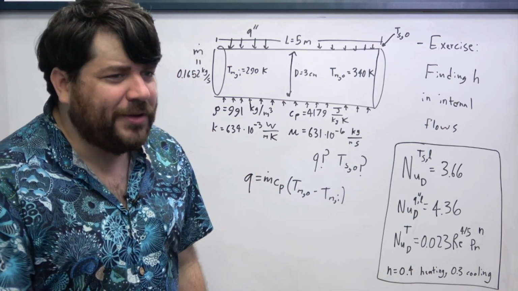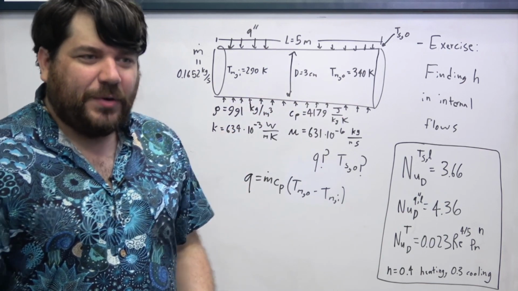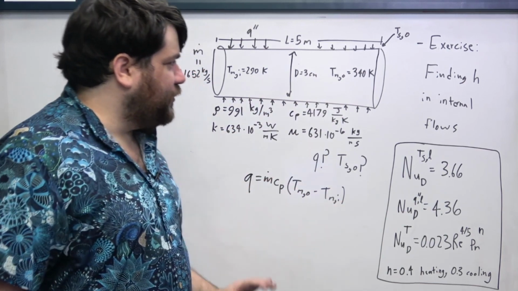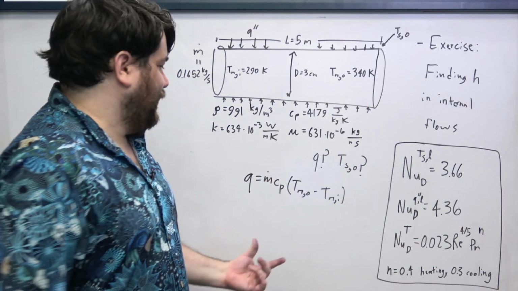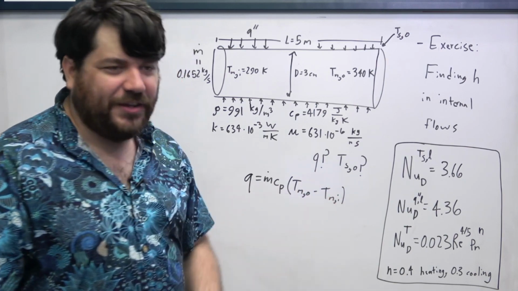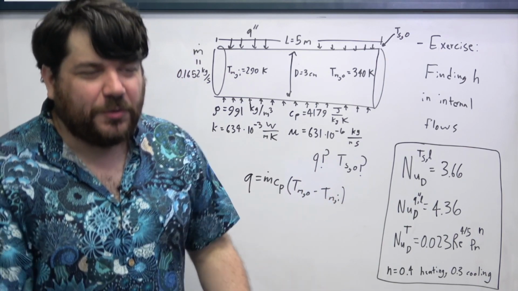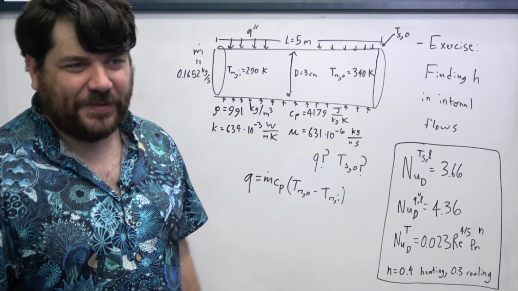Now, we are not always going to be in a position where we have these two temperatures, but it's quite nice that we can make this relationship, that we can find this Q as a function of these two things, or find one of these things as a function of Q and the other one, without ever having to go through that maybe tiring, cumbersome workflow of looking for h's. Okay?